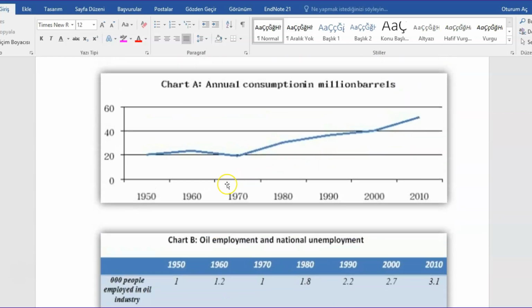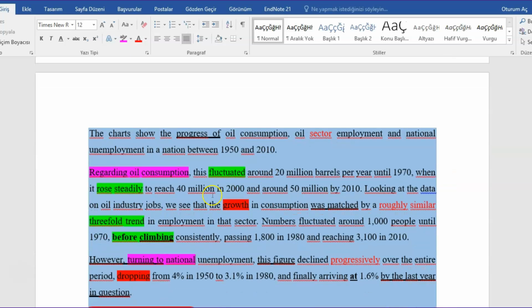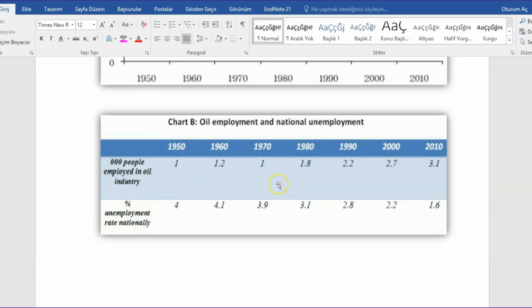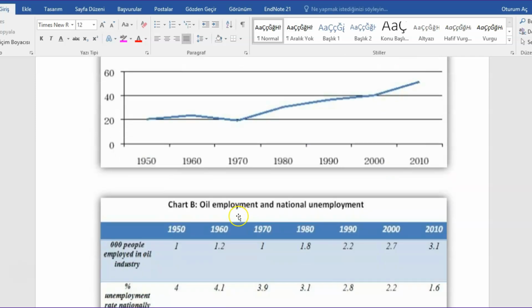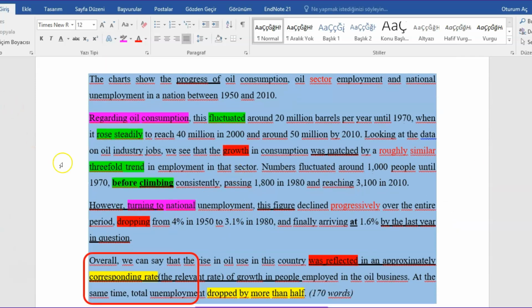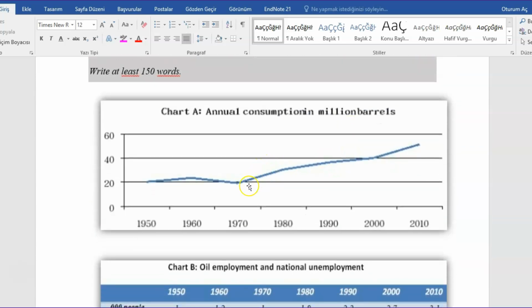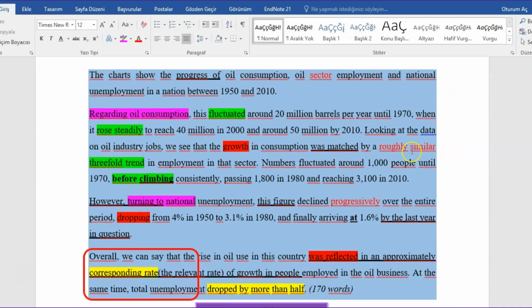Yeah, it goes up and down, under the 20. When it rose steadily to reach 40 million in 2000 and around 50 million by 2010, right?